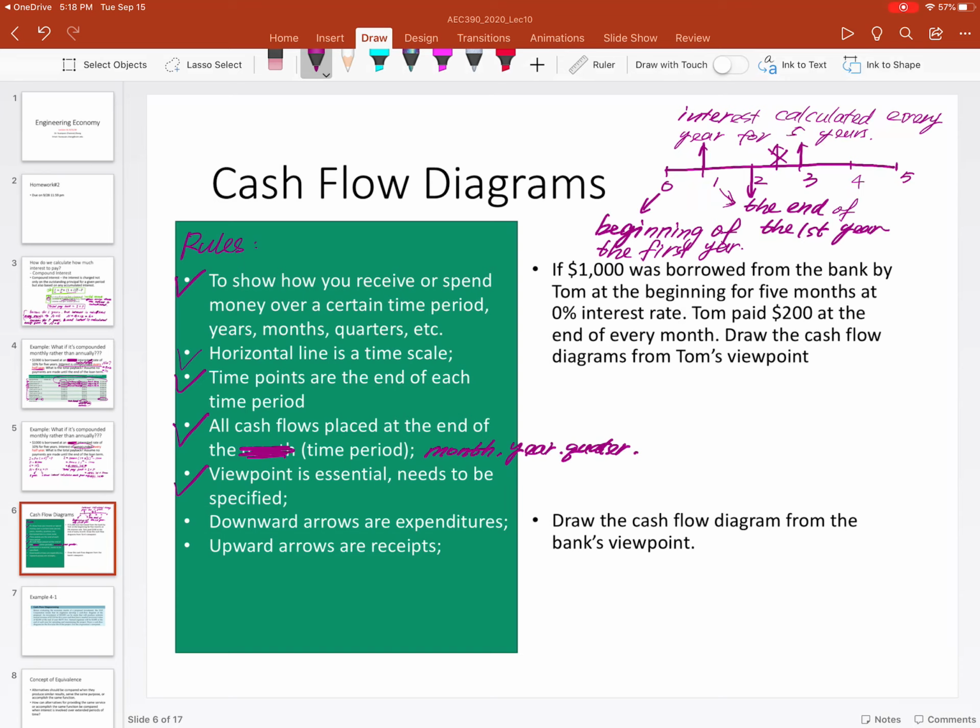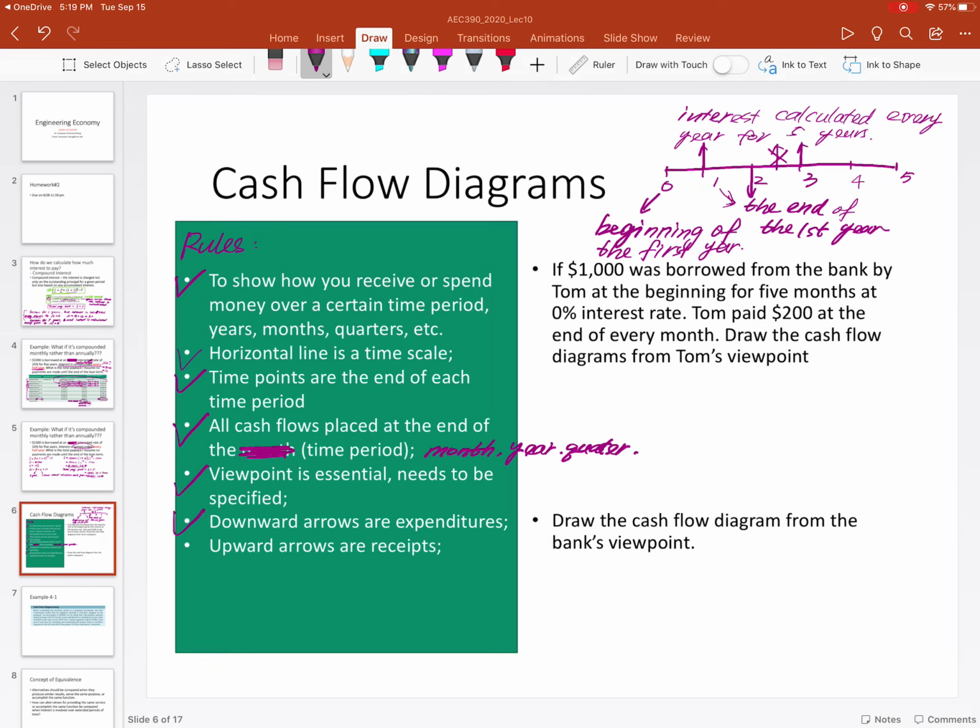So the same cash flow, the same story about the money in and out, the directions are different. If you look at it from your point of view or from the bank's point of view, the amount of cash flow will stay the same, but the direction, like if it's an income or outcome, will be different. Okay, that's why we say you always have a viewpoint. You need to determine which viewpoint you are using to draw a cash flow diagram. Okay, we will see that in the example very soon.